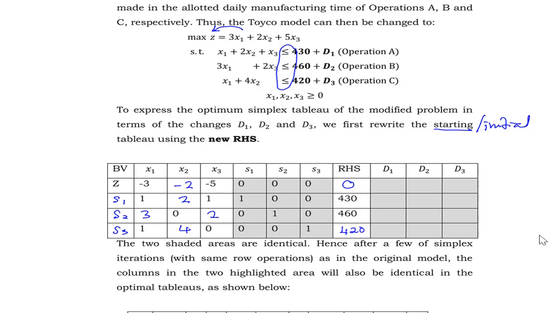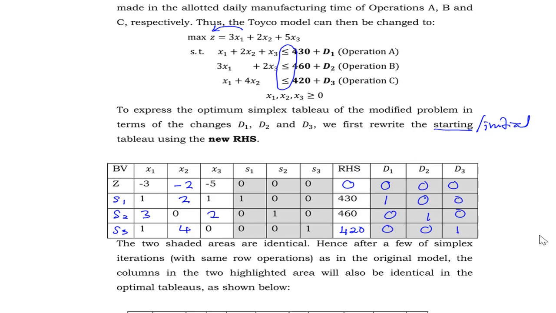The right hand side is 430, 460, 420. Then we have additional parameters for D1, D2, D3. In row 0 they are all 0, because there are no D1, D2, D3 in the objective function. For the constraints, we have 1, 0, 0; 0, 1, 0; 0, 0, 1.